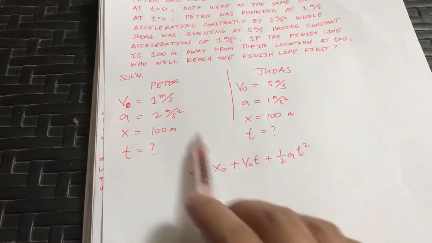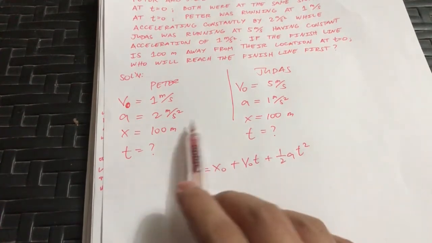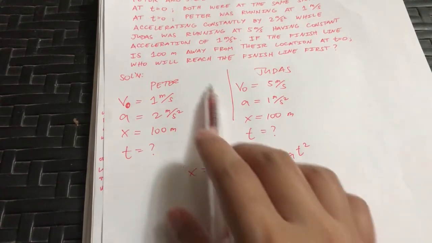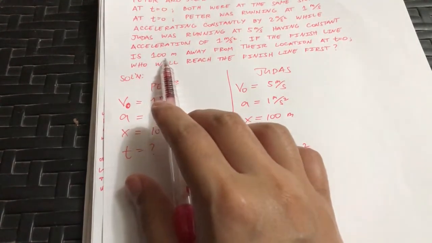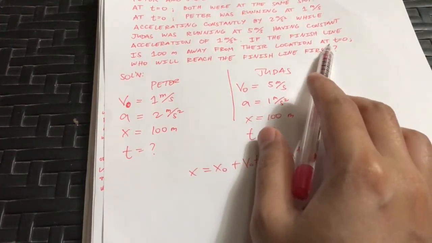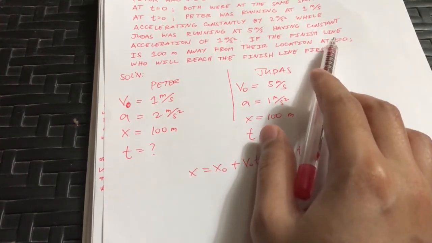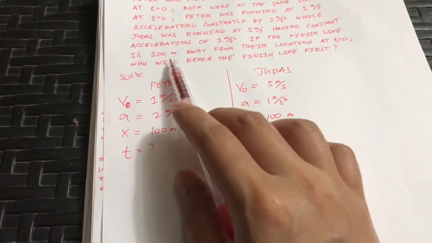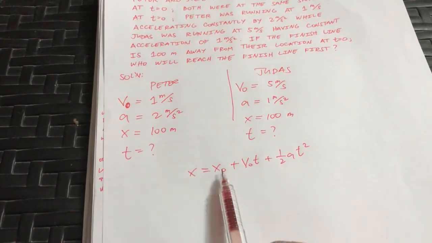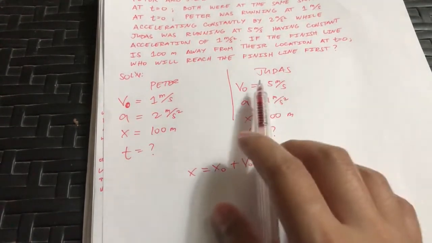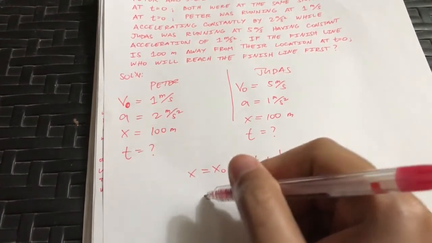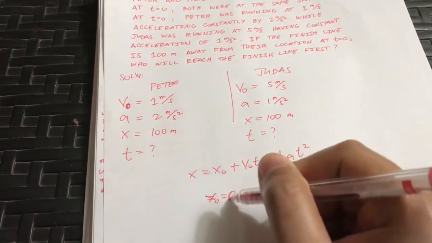We have the initial velocities for both, the constant acceleration for both, and for the distance they need to travel, since the finish line is 100 meters away from their location at time 0, meaning at time 0 they were at the same spot, and from that spot the finish line was located 100 meters away. So if we consider the initial position at time equal to 0, x0 is equal to 0.